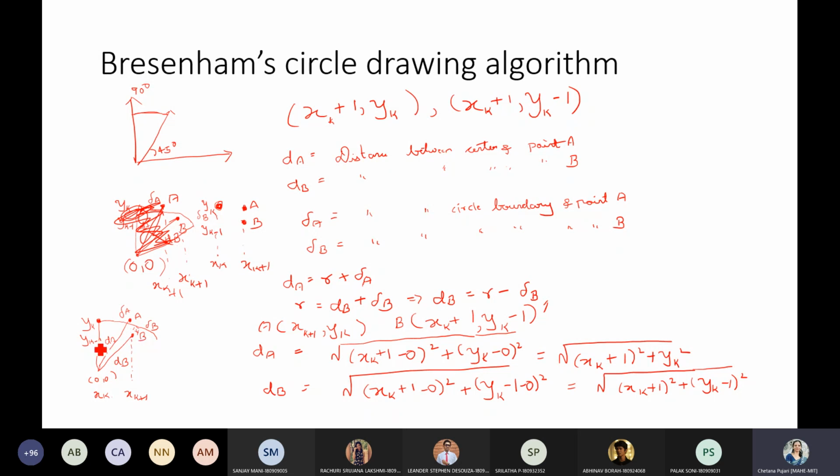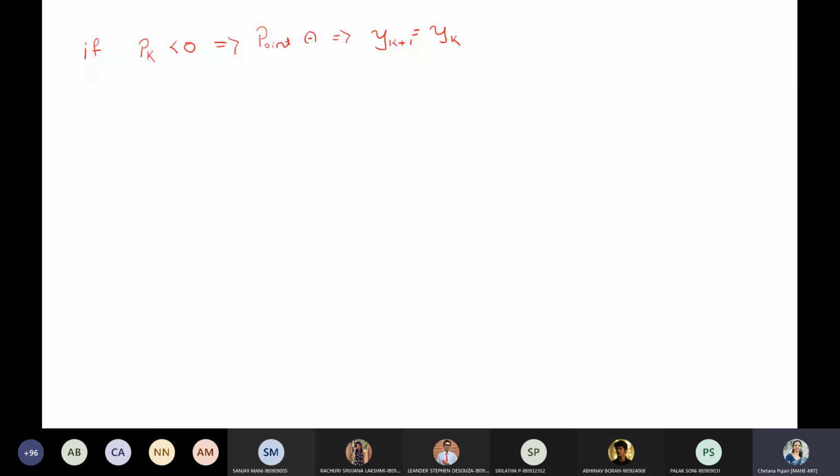If you're selecting B, it will be yk minus 1, whereas now we are selecting A, hence it is equal to yk. So now rewrite our equation and replace yk plus 1 with yk.